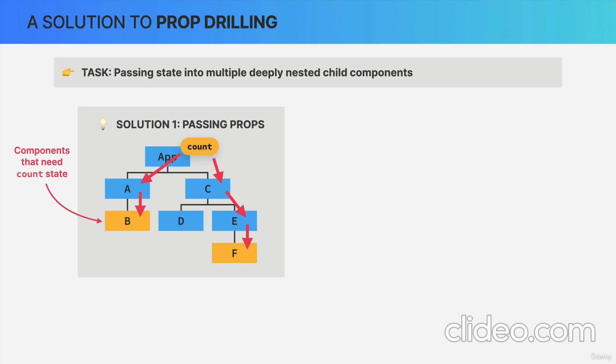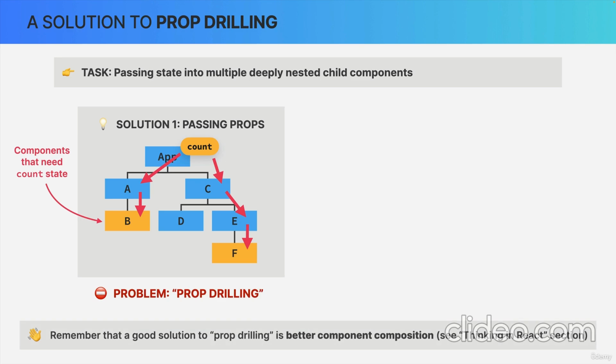And we actually talked about exactly this problem before, a problem that we call prop drilling. Now, back then, I told you that one good solution to prop drilling is to compose components in a better way. However, doing so is not always possible. And so, component composition with the children prop, as we have learned before, doesn't always solve this problem.